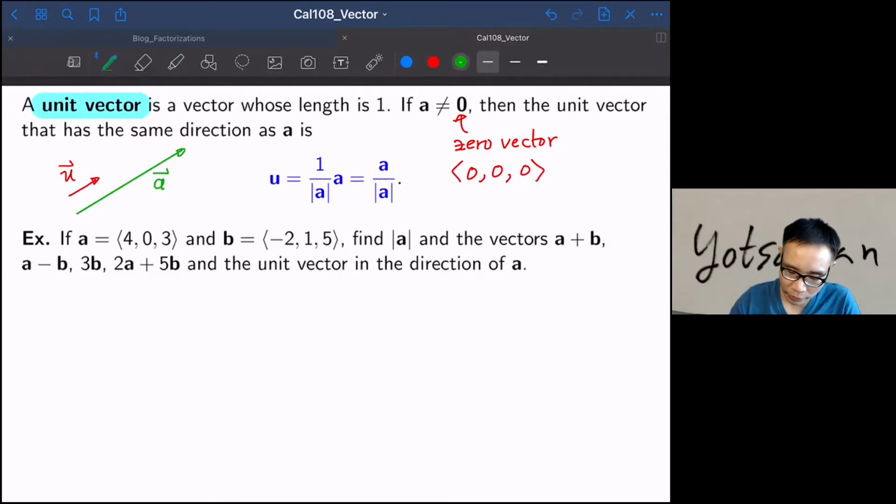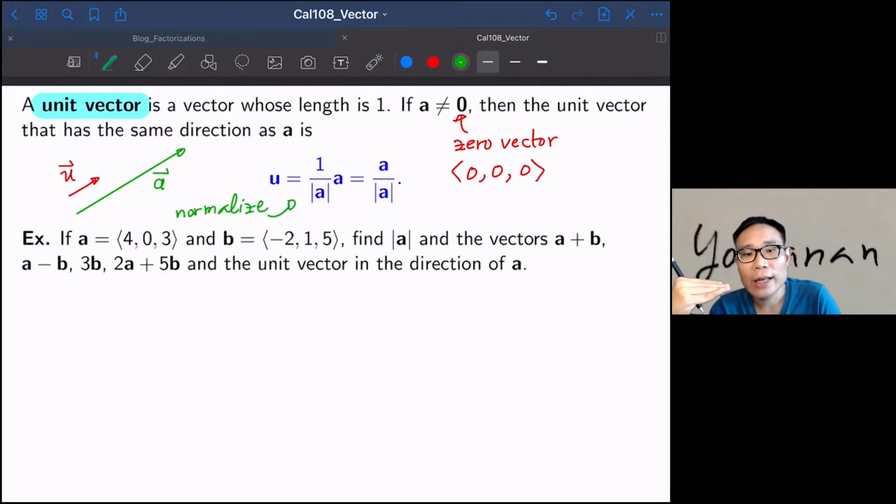So this is called normalizing: normalizing the length of the vector from norm of A to a vector that has length equal to 1. That is going to produce the unit vector.